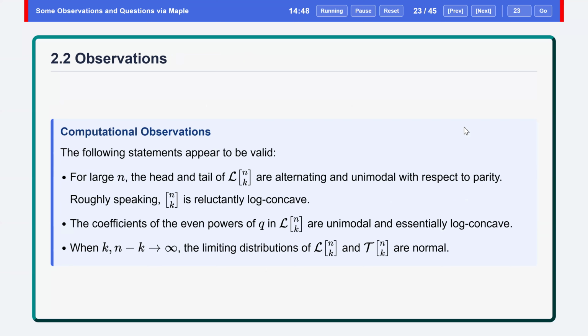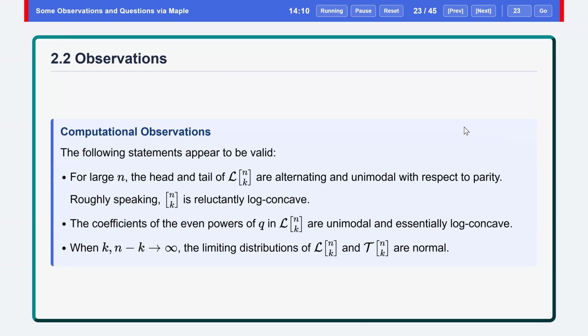Now, Maple's computations lead to the following observations. For large n, the head and the tail of the log-concave transform of these polynomials are alternating and unimodal with respect to parity. Roughly speaking, these q-binomial coefficients are reluctantly log-concave or gradually log-concave.